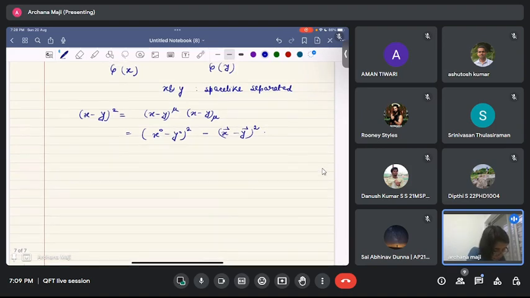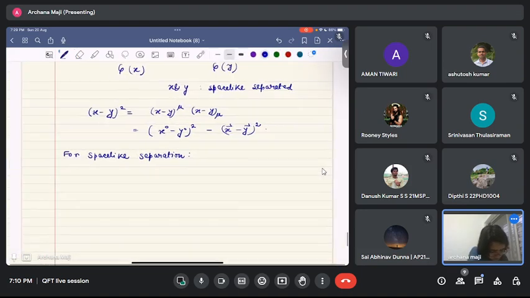When we say space-like separated, (x minus y) squared will be less than 0, and for time-like separation between two events x and y, (x minus y) squared will be greater than 0.